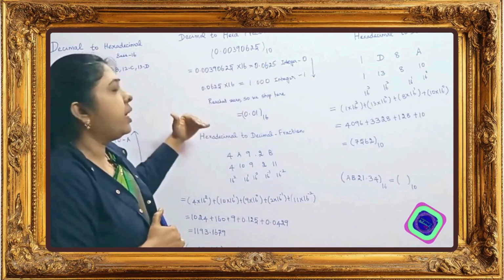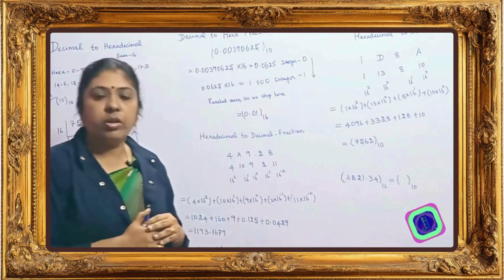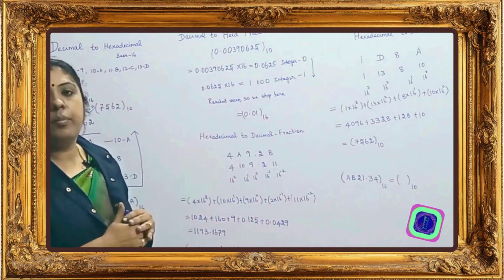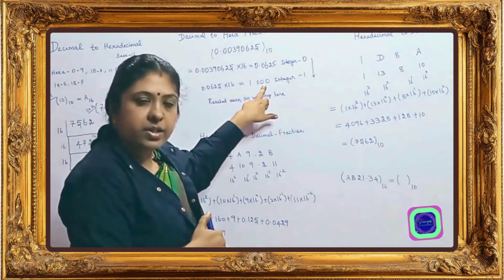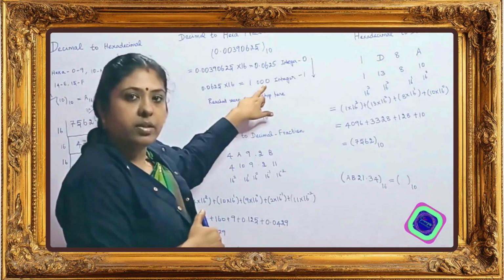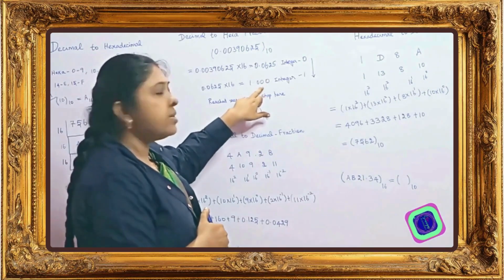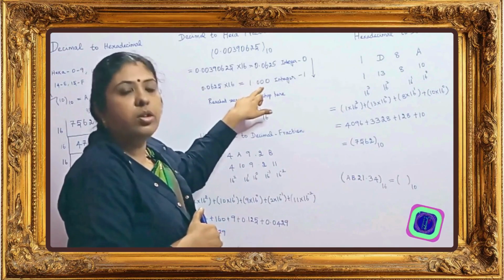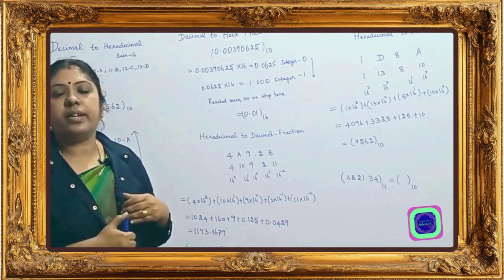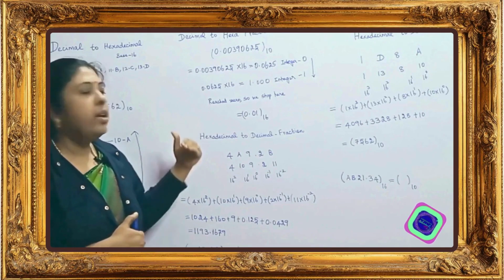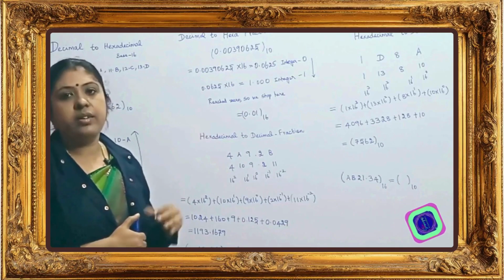It can be continued until the fractional part reaches 0, and then we can stop. In some cases, we cannot reach 0. At that time, we can calculate for just 3 iterations or 5 iterations and stop.